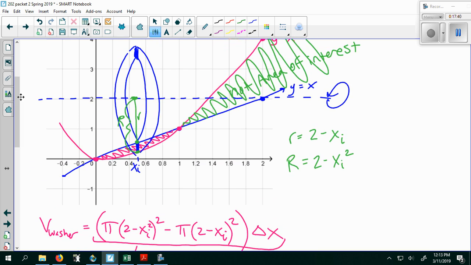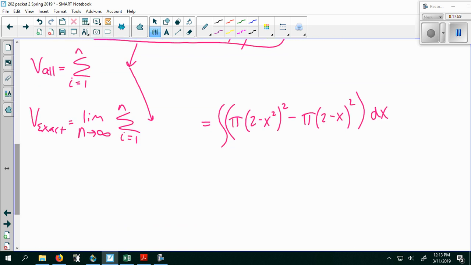It is along the x-axis, starting at 0 and ending at 1. That's where I'm drawing all these little rectangles that are all going to get rotated about the line y equals 2, forming washers. So I have all these washers being stacked up between x equals 0 and x equals 1. Those are my bounds of integration.